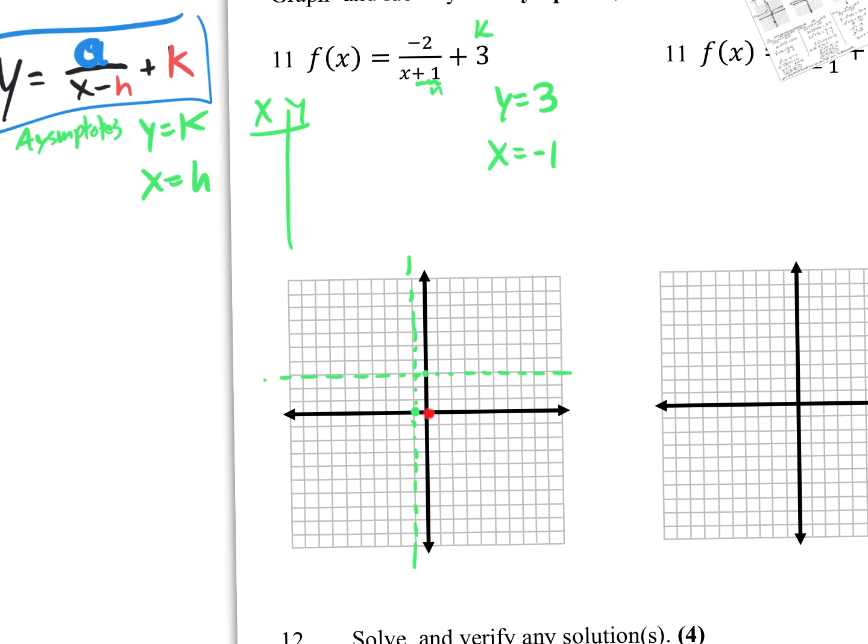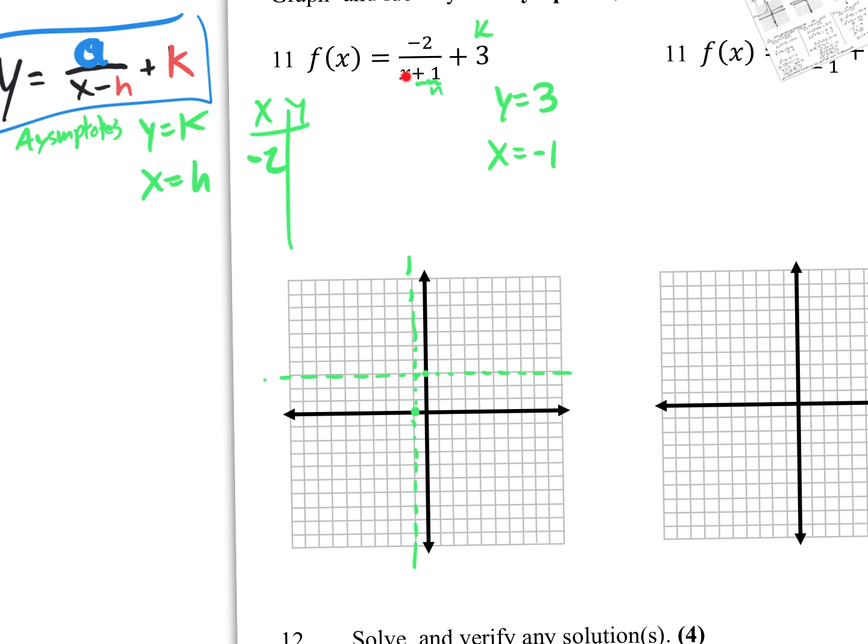So like your vertical asymptote is at x equals -1. So if you wanted to, you could plug in a -2 and a -3, right? Or any number that's on the left side that would benefit you. So if I did plug in a -2, would that be good? If I plugged in a -2, that would, because -2 plus 1 is -1.